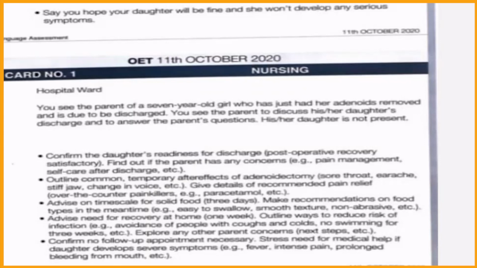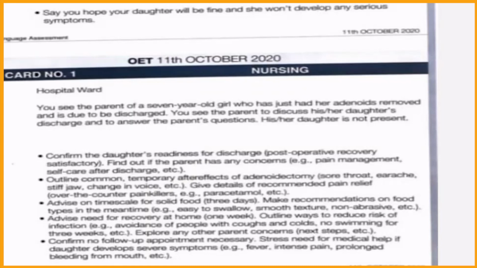However, if your daughter experiences, you can use the symptoms. However, in case or if your daughter experiences fever, intense pain, or prolonged bleeding from mouth, definitely stress. It is here the word stress is used. So definitely you need to seek medical attention. You need to seek, meaning get, SEEK. Seek medical attention or medical help.